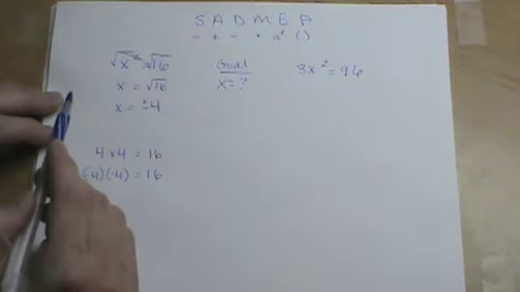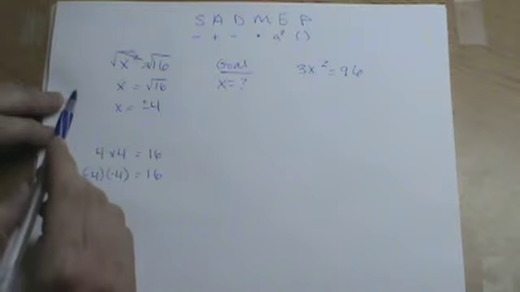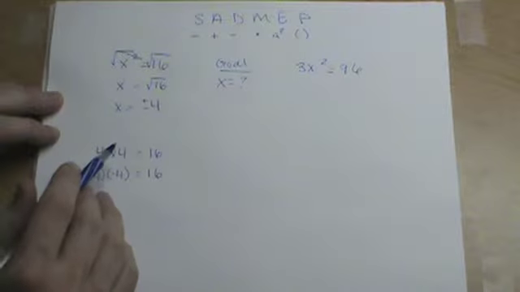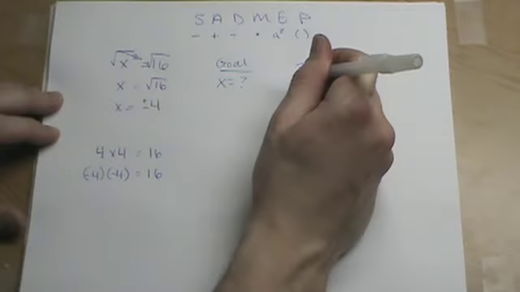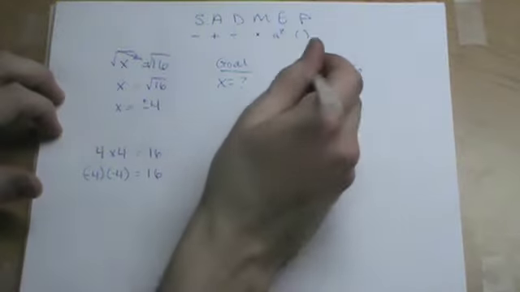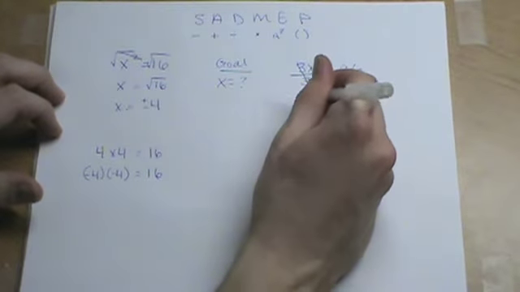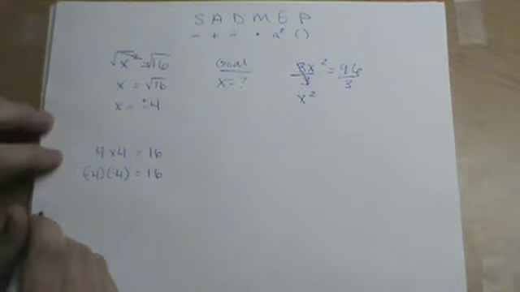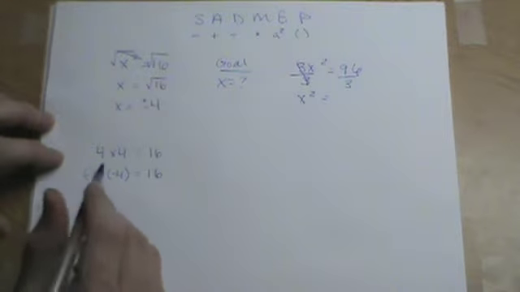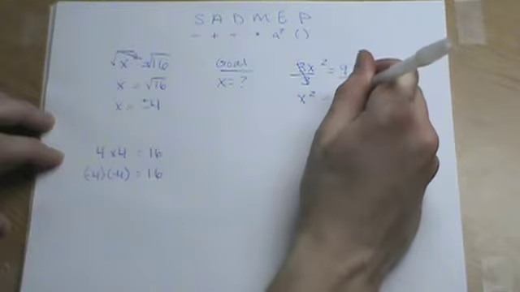That's some multiplication, so we have to undo the multiplication. To undo, we do the opposite of the operation. So the opposite of multiplication is division. So I'm going to divide both sides by 3. So this side reduces to just x squared, and this side over here reduces to 32.